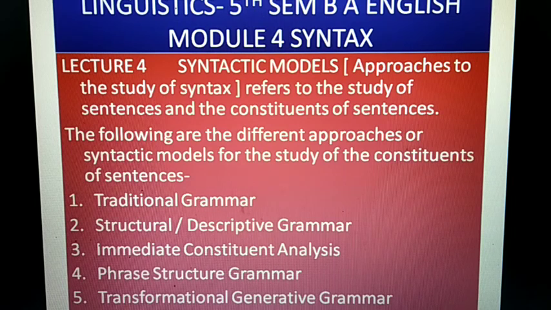And after traditional grammar, we have another syntactic model, that is structural or descriptive grammar. Okay, traditional grammar is known as prescriptive grammar, because traditional grammar is rule bound. There are a lot of rules. Conventions are important to traditional grammarians. So traditional grammar is known as prescriptive grammar.